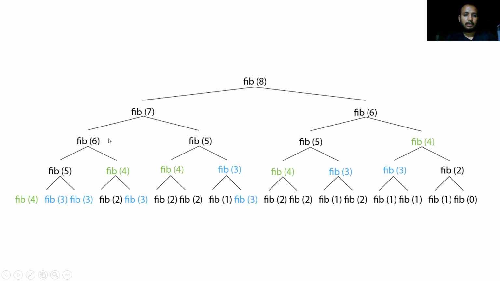Now f of 7 will call f of 6, which is n minus 1, and f of 5, which is n minus 2. In this way, f of 6 will call f of 5 and f of 4, f of 5 will call f of 4 and f of 3.